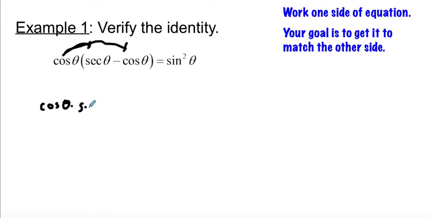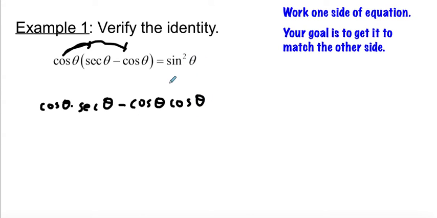So I chose an algebra thing to do. Could you have done something before this? Yeah, you might have changed some things instead. You might have changed that secant into 1 over cosine first. But we're going to do that next, most likely. So all I did was distribute the cosine through.